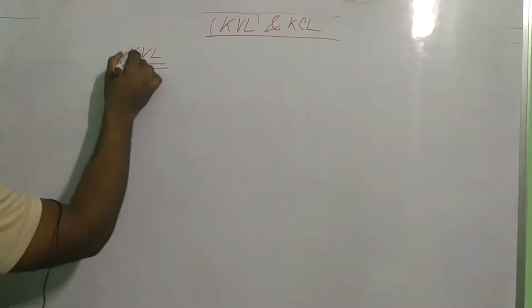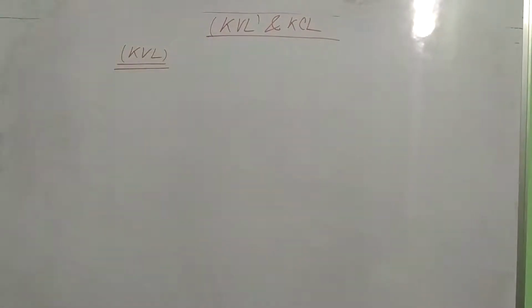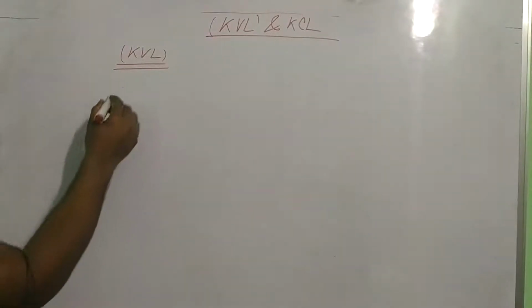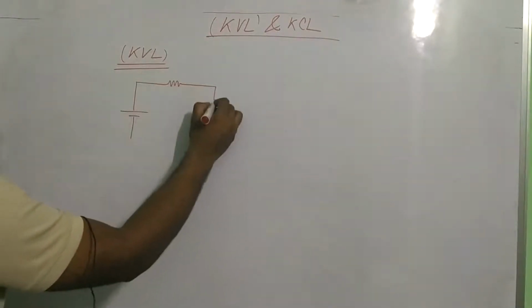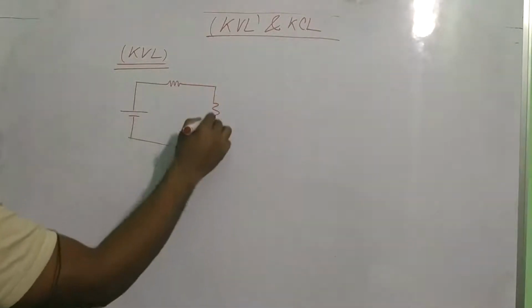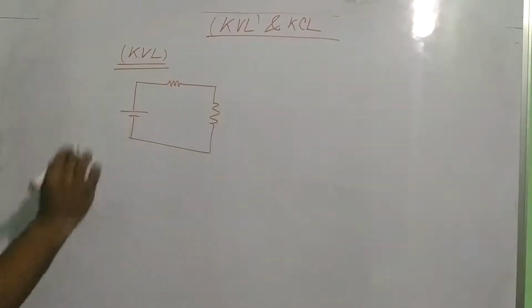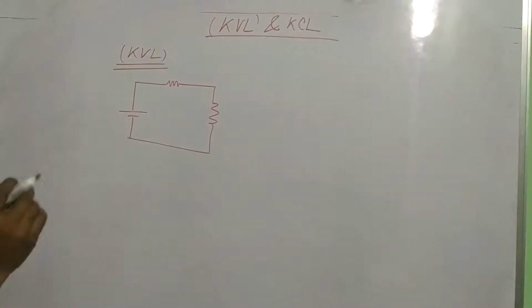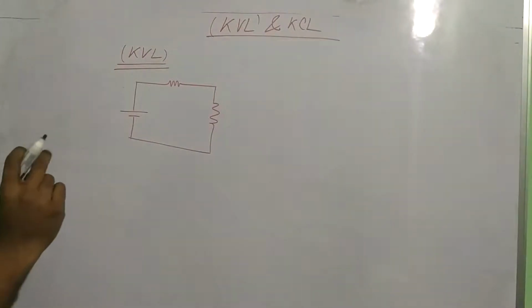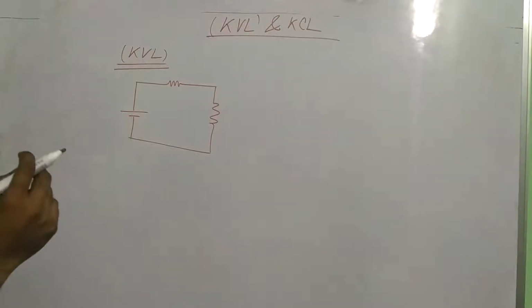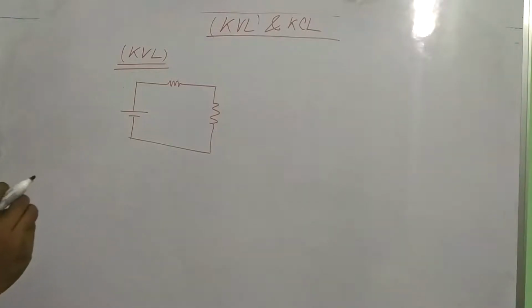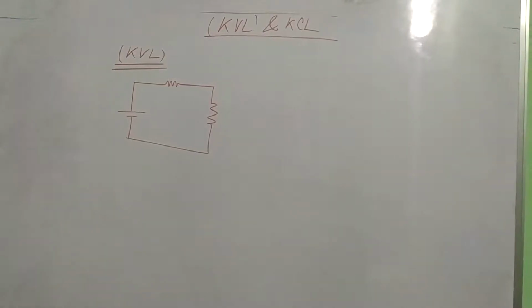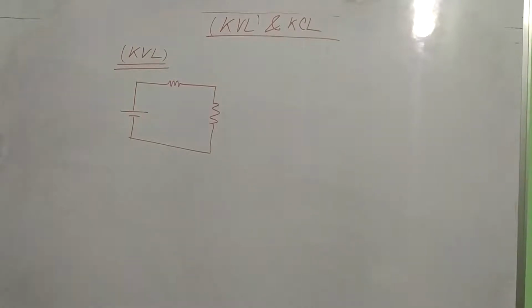So what does KVL state? In a closed circuit, all the voltage drops or supply voltages of each element, the algebraic sum is 0.